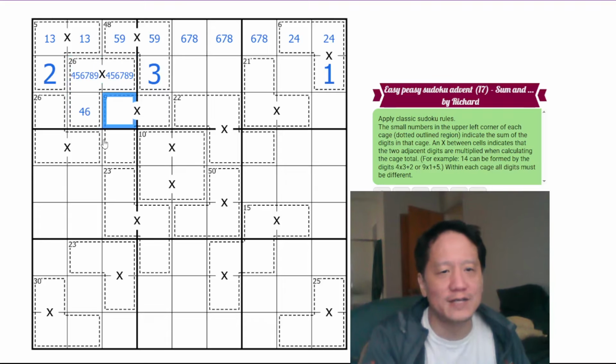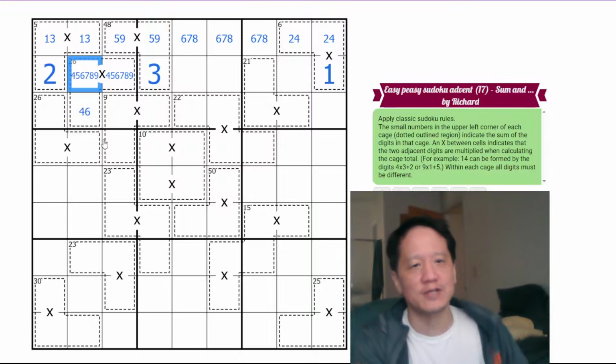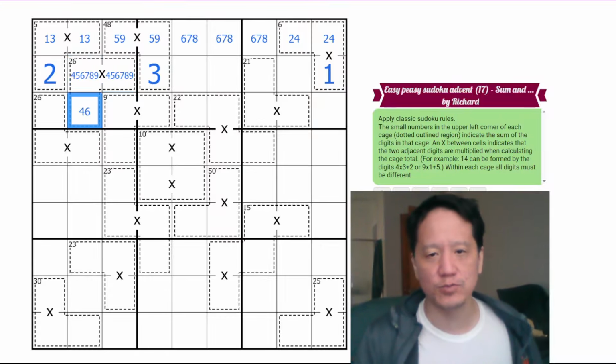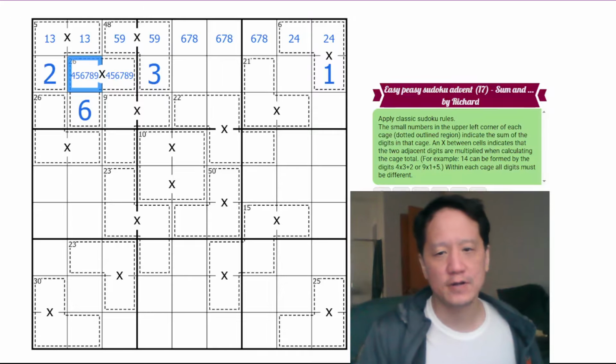And 26 minus 4 is 22, which is 2 times 11, and 11's not a digit. So this must be 6 with 4 and 5 to add up to 26.